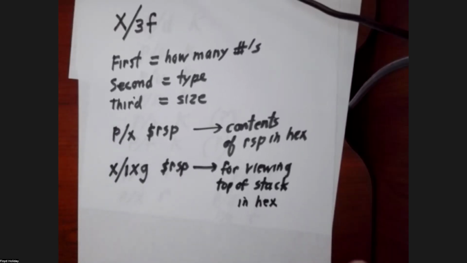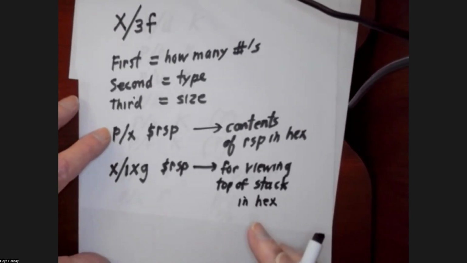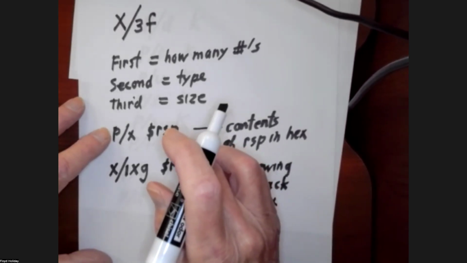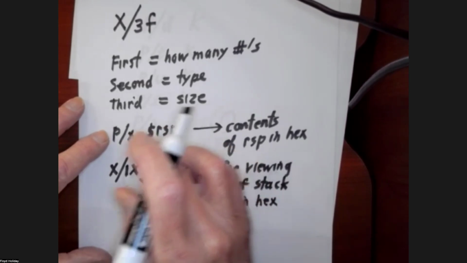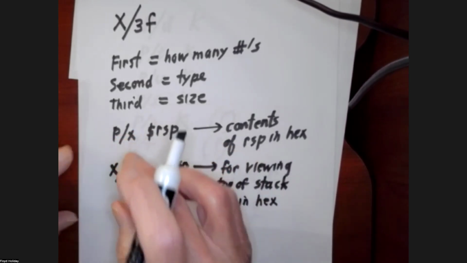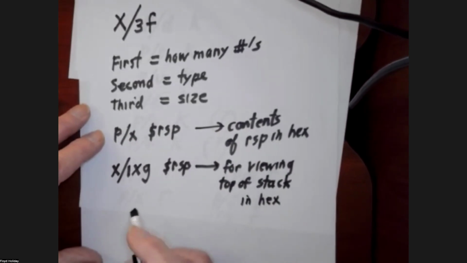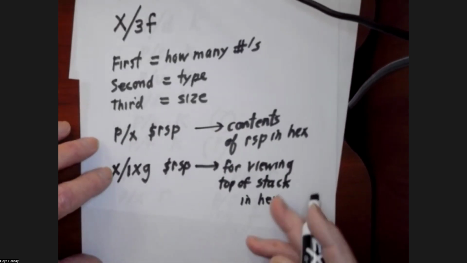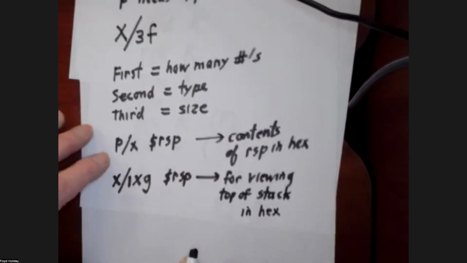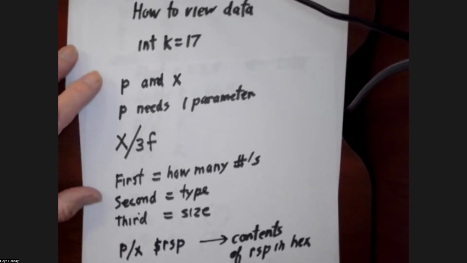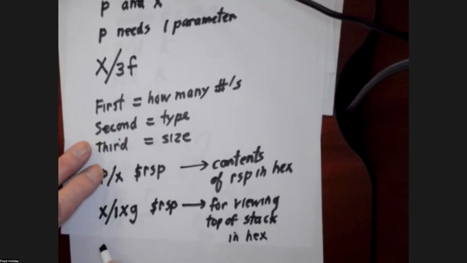So the P/X, the one above it, is for an address. Yes, RSP holds an address. This will show you that address of the top of stack, in hex. And of course, do we ever want to see another? X is so familiar. Why not show it as an unsigned integer?